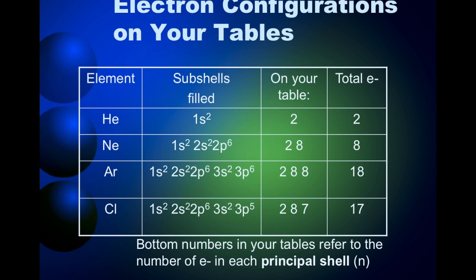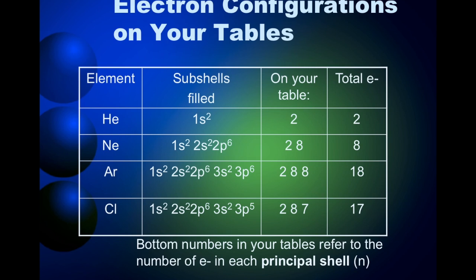Now, if we look at argon, it's 1s2, 2s2, 2p6, 3s2, 3p6. Again, there are 2 in shell 1 and 8 in shell 2. That's the maximum that will fit in these shells. Then we look at the next shell, 3s2, 3p6. That's a total of 8 electrons in shell 3. When we add that together, there's a total of 18 electrons, which is also the atomic number of argon.